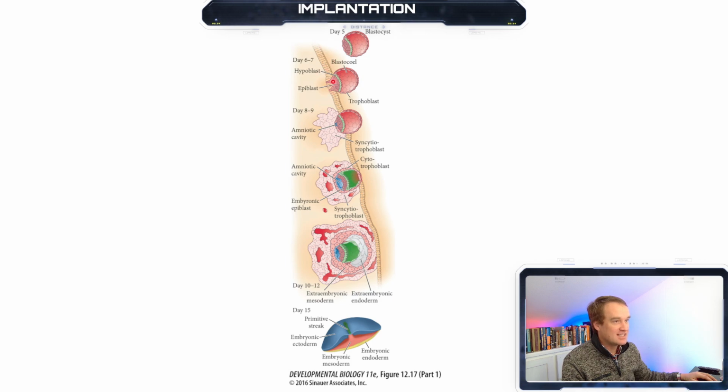So the epiblast and the hypoblast here. And you can see the implantation where we're starting to penetrate into the uterine wall.